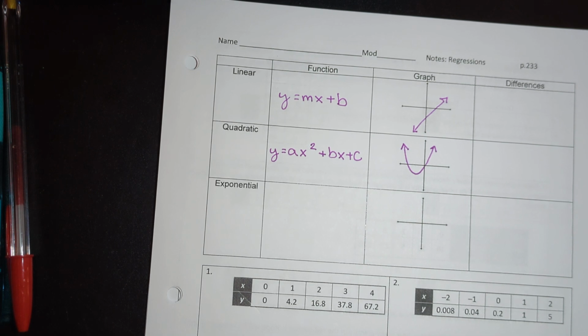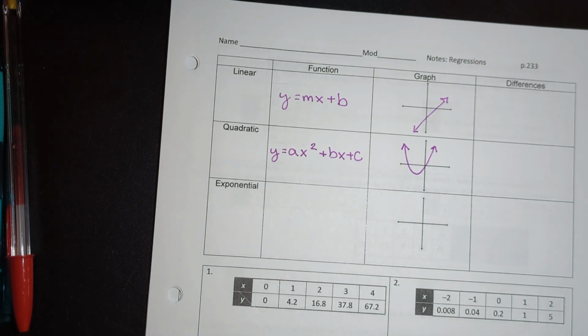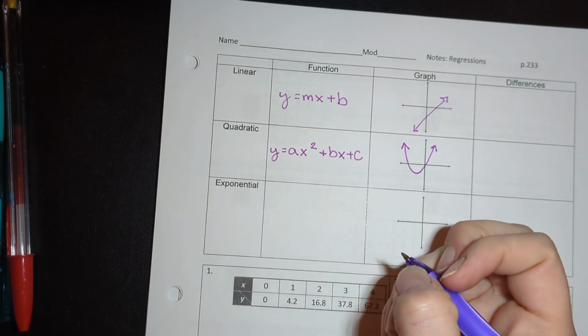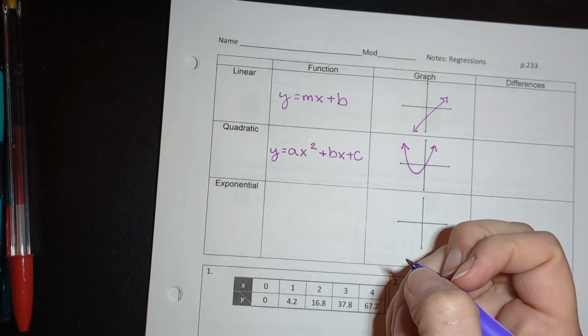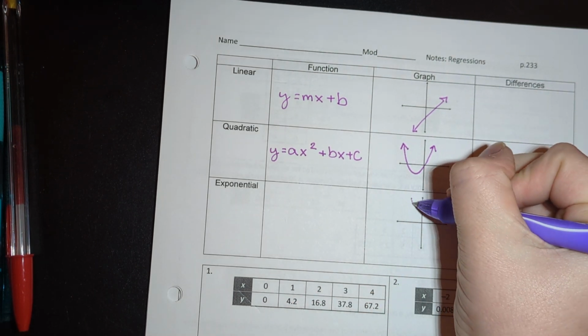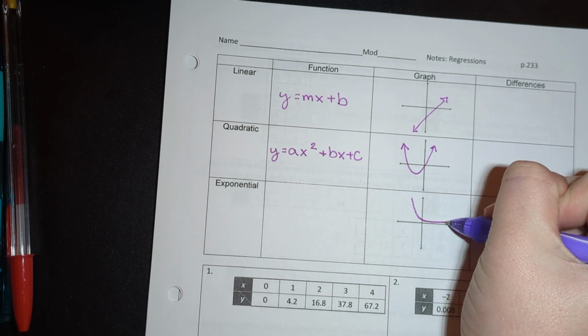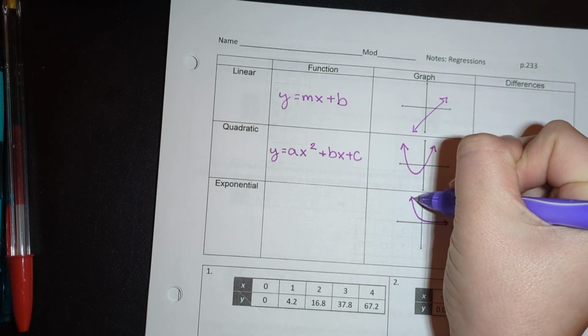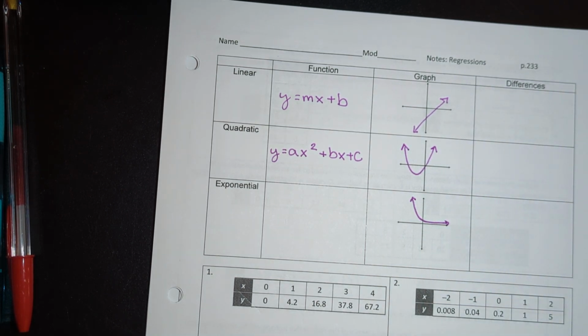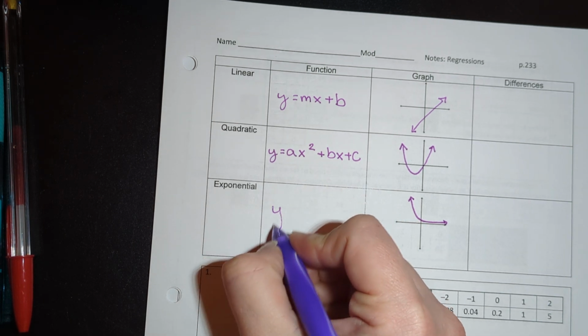What about for an exponential function? Who remembers that one? Nobody? Isn't it a times the parentheses h plus?